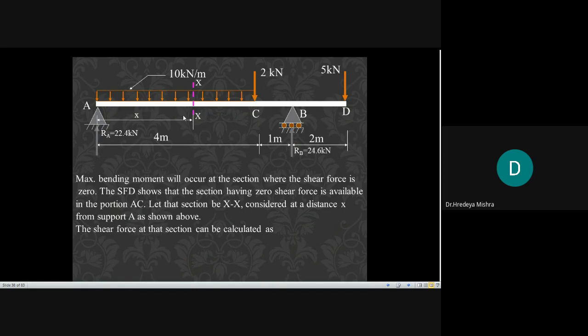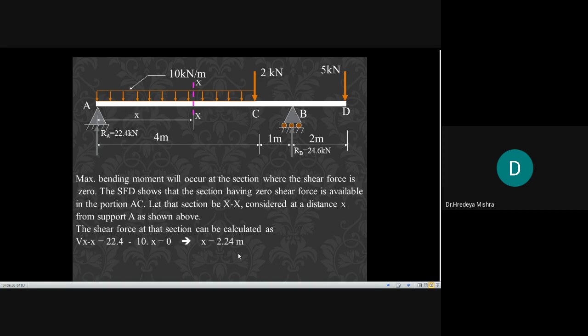The shear force value is 0 at the point. So from this, 22.4 is in the upward direction, and whatever UDL load is applied here is downward, 10 into x. So the x value is 2.24. Okay. Why do we calculate this point?